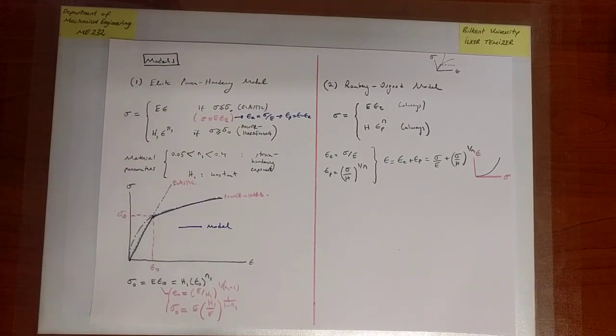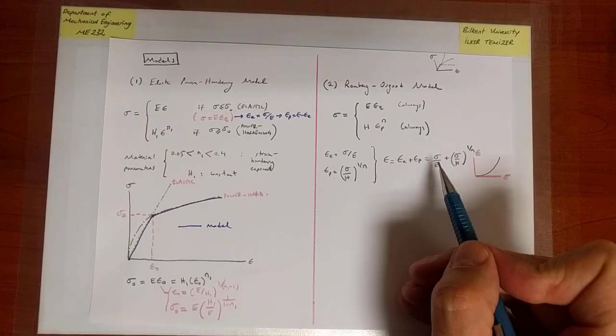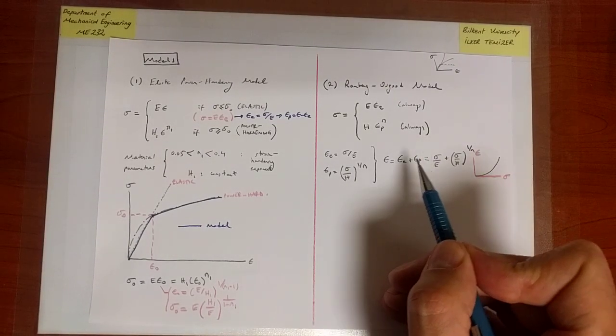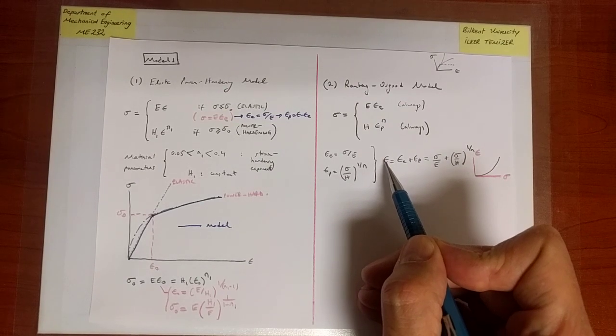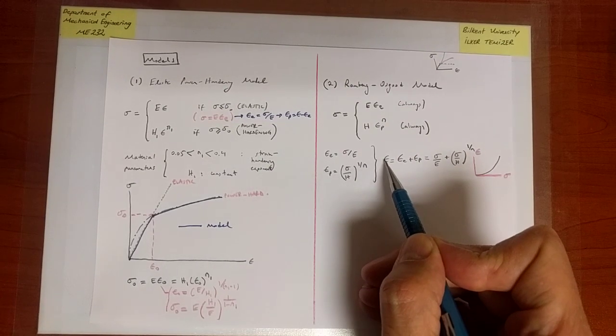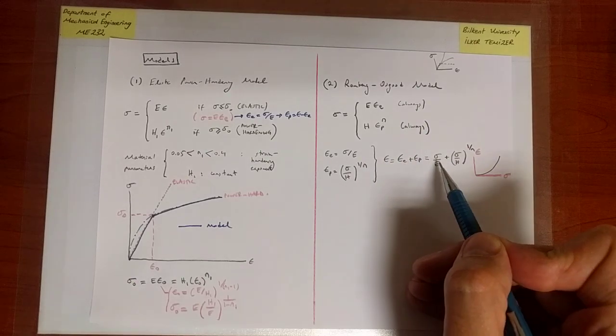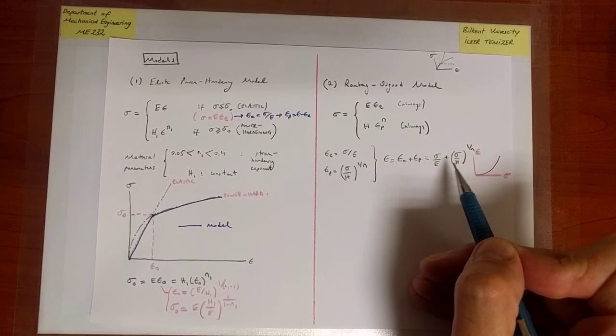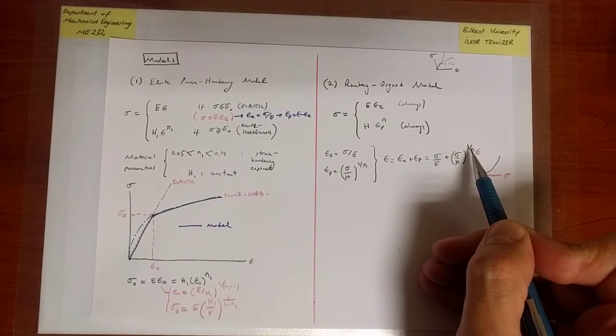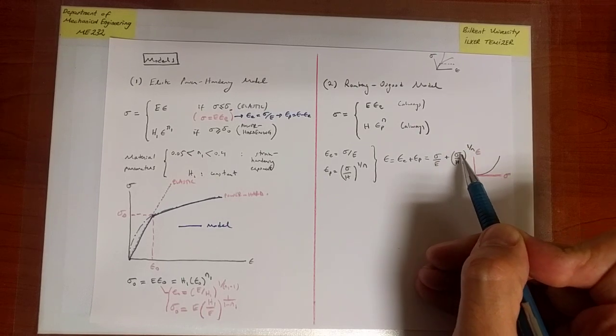Now, is that useful? How does that help us? Now, the way it helps us is as follows. So first of all, if you would like to determine the value of stress for a given value of strain, you can still do so. You give me the value of strain, I know the left-hand side. If I know the values of E, H, and n, I can go ahead and determine the value of sigma.